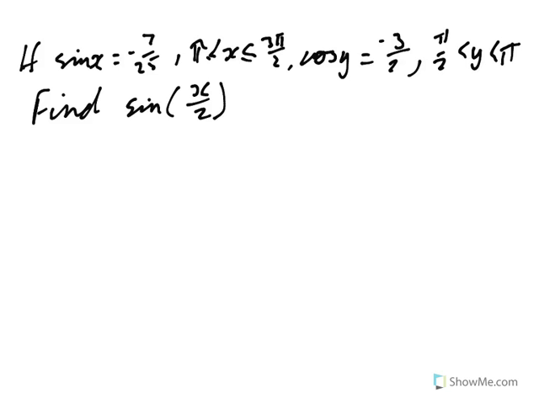I must have been excited when I copied that question. We don't need that. We're just going to work with this bit over here. So, how can we get sine x over 2 from one of these in some way or other?